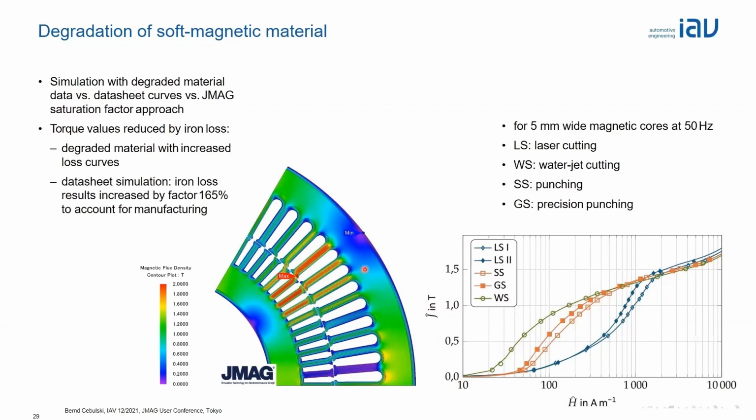So especially if you have very thin teeth, like in the example here, or in induction motors where the rotor teeth are normally very heavily saturated, you have to look at this kind of effect. And if you don't, there are big deviations in performance, and most people are then surprised why there is such a big deviation because they did not consider this kind of effect.